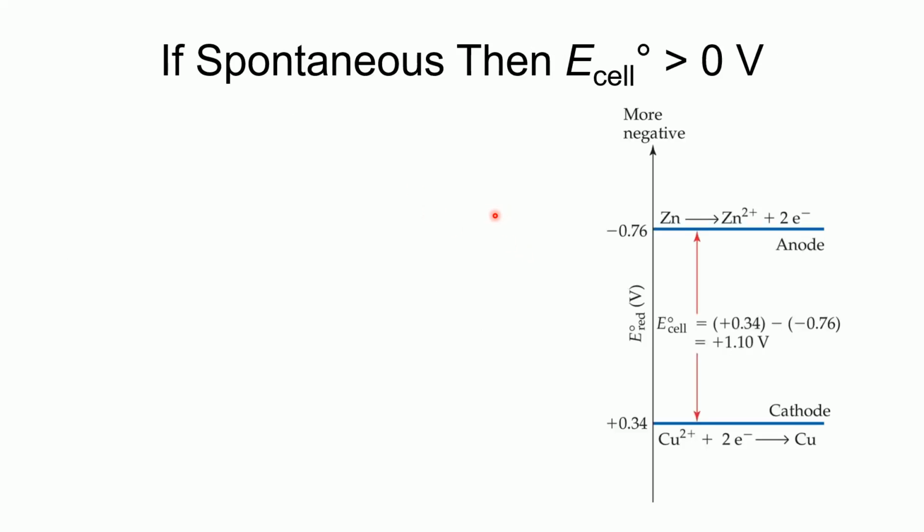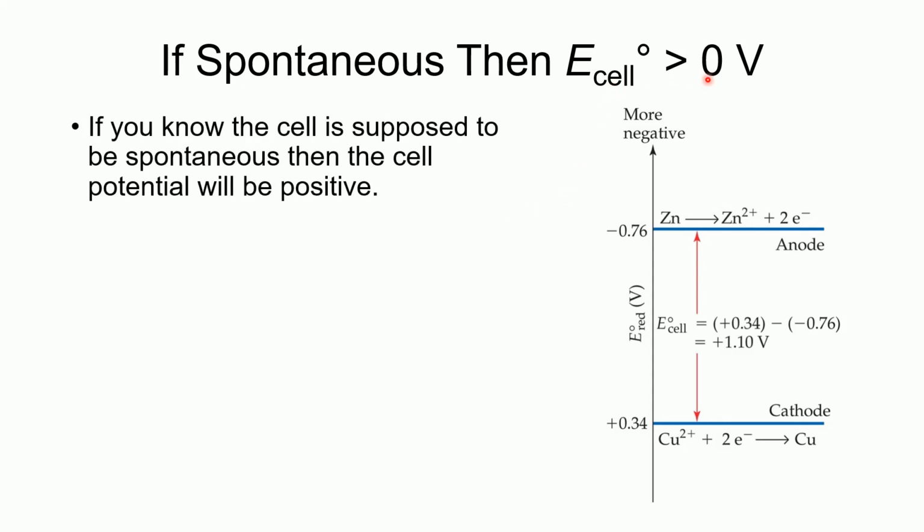If you've got a spontaneous cell, then Ecell is going to be greater than 0. If you know that the cell is supposed to be spontaneous, then the cell potential will be positive. So your cell potential will be positive.